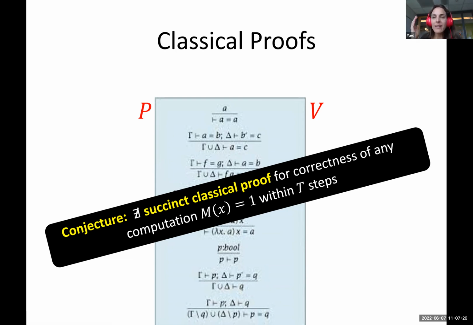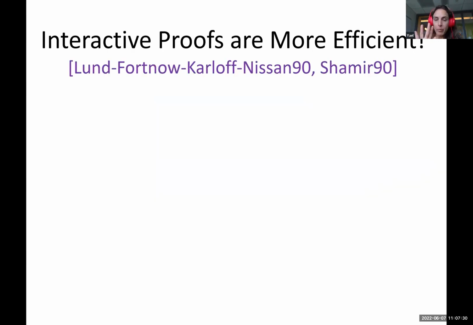So usually, classical proofs tend to be very long. What I want to tell you is that soon after zero-knowledge proofs came about, it was shown that interactive proofs are much more expressive. We can prove much more using an interactive proof.